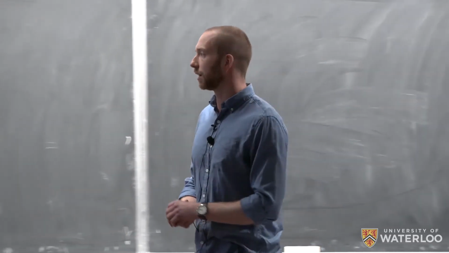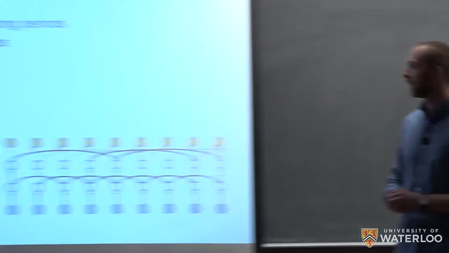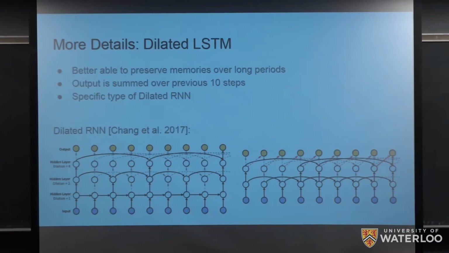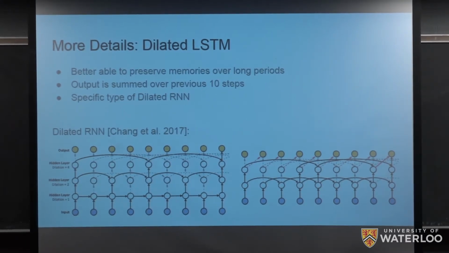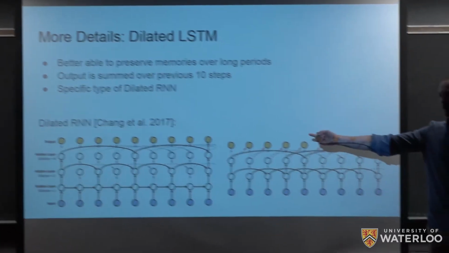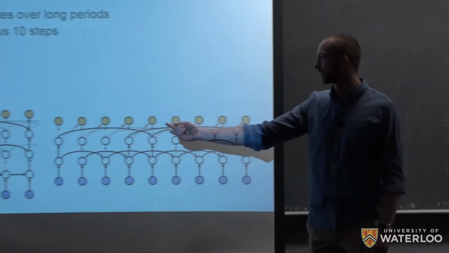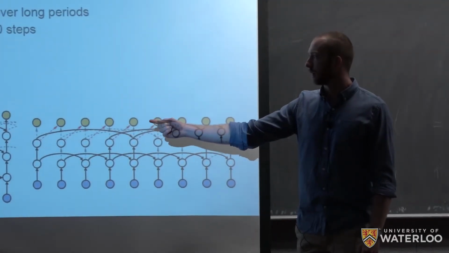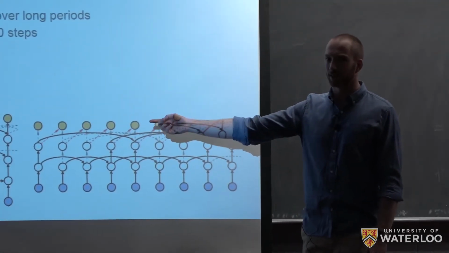Another key aspect of this was a dilated LSTM. They didn't give a whole lot of information about this. This is used as the manager, I should say. The idea is that they need to preserve rewards over long time periods, so they use this dilated LSTM architecture. I took this diagram from a dilated RNN architecture. The LSTM is a specific type of this.